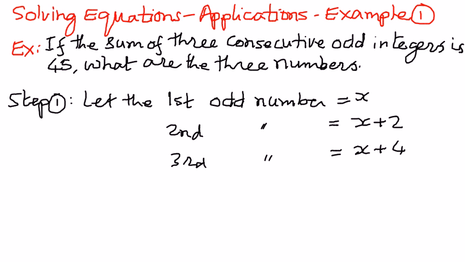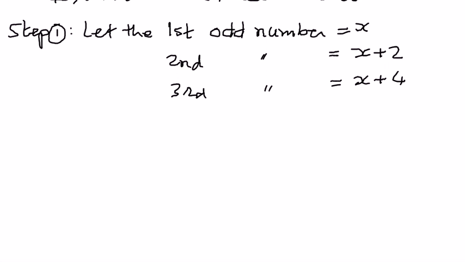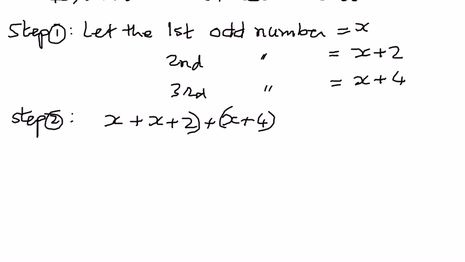But here it says the sum of these three consecutive odd numbers is equal to 45. We want to find the value of that number. So as step number 2, the sum of these numbers, x plus x plus 2 plus x plus 4, is equal to 45.